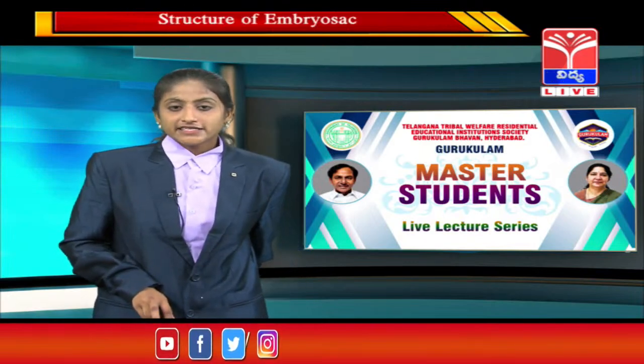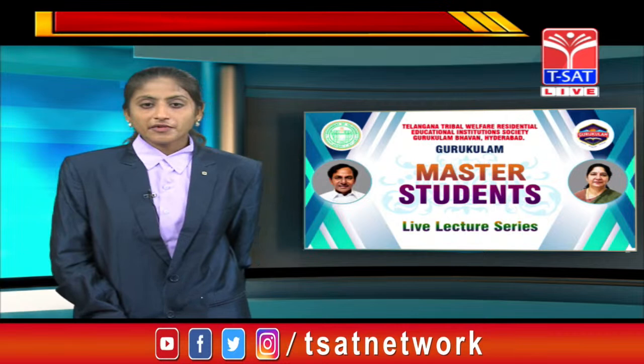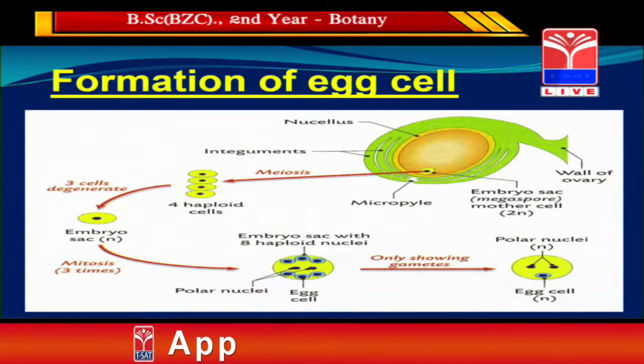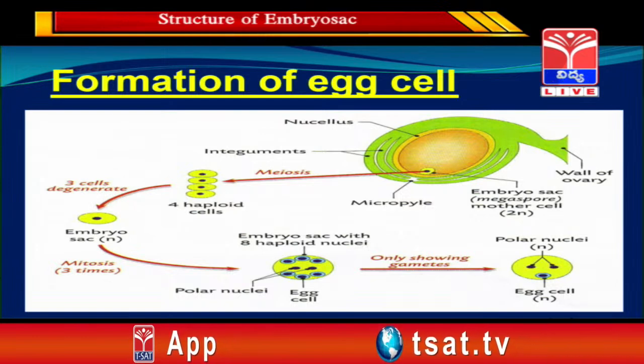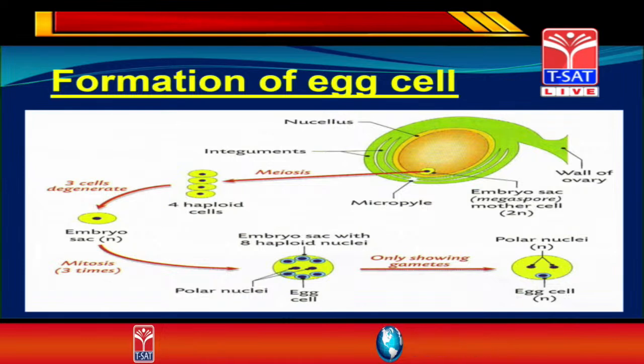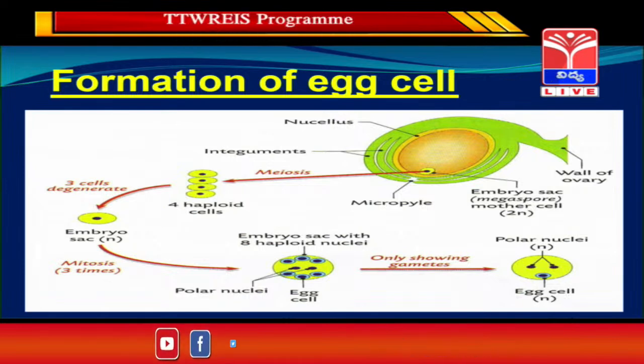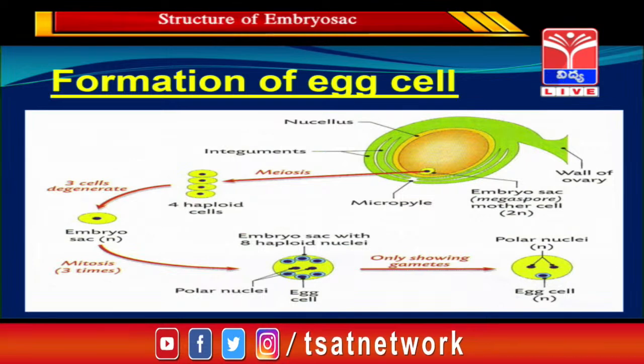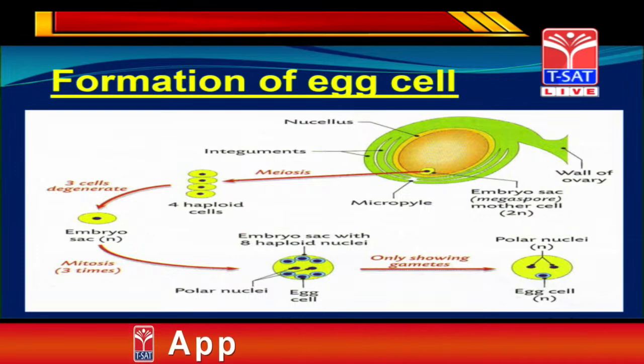See here, this is the formation of the egg cell. Here is the structure of an ovule. In this ovule, nucellus and integuments are present. After fertilization, the nucellus gives nutrition or absorbs food material, and the integuments form the seed coat.